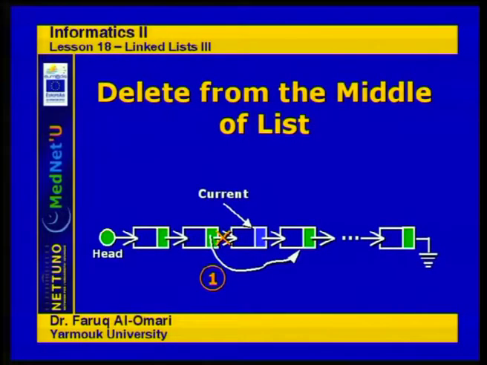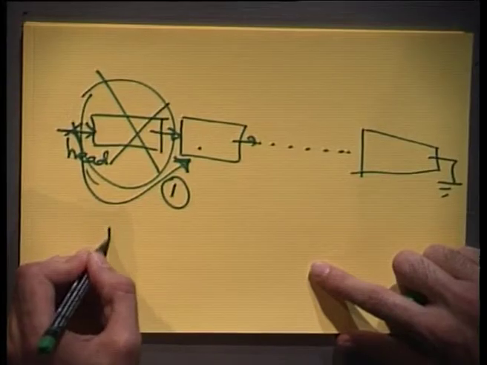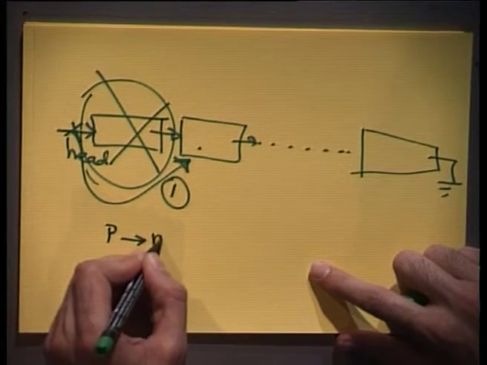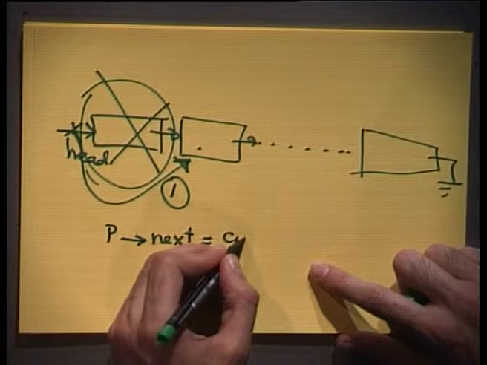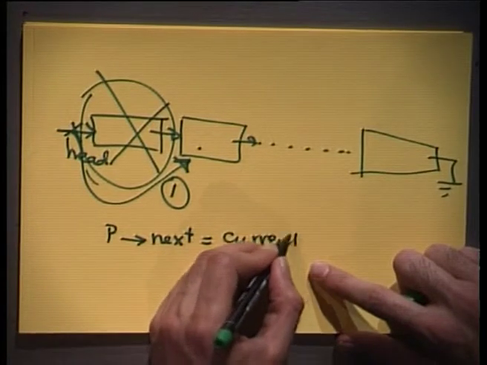Okay, I could write this step number 1 like this. Let's call this node in here P. Okay, so let's say I'm going to be doing something like this: P arrow next equals current arrow next.